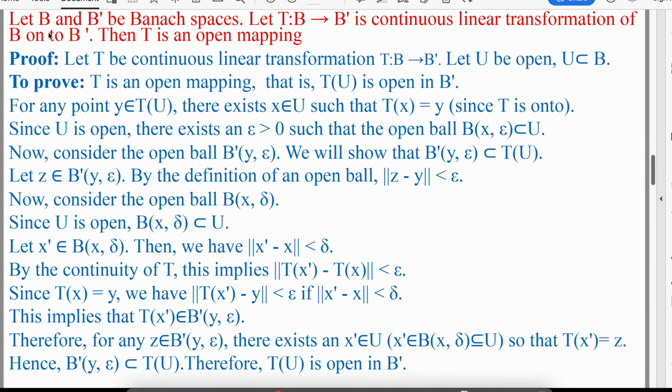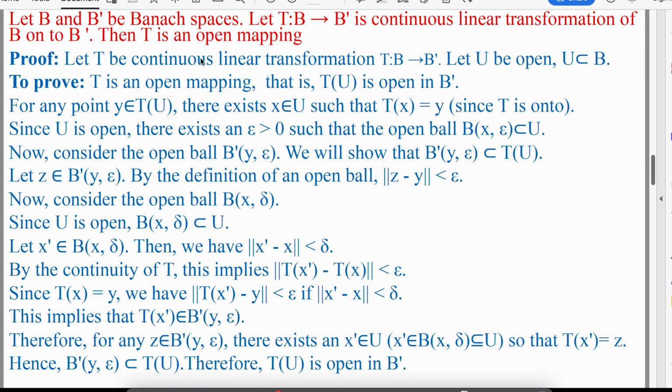Suppose we have two Banach spaces B and B dash, and T is a continuous linear transformation of B onto B dash. Then T is an open mapping.